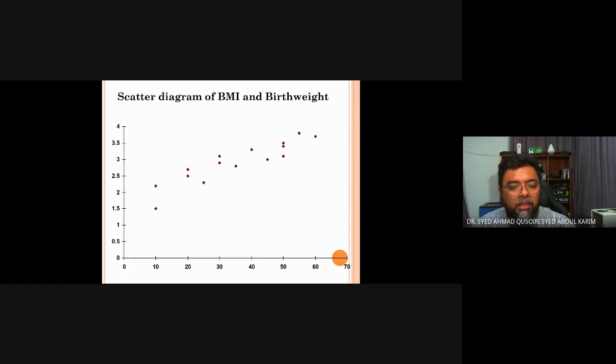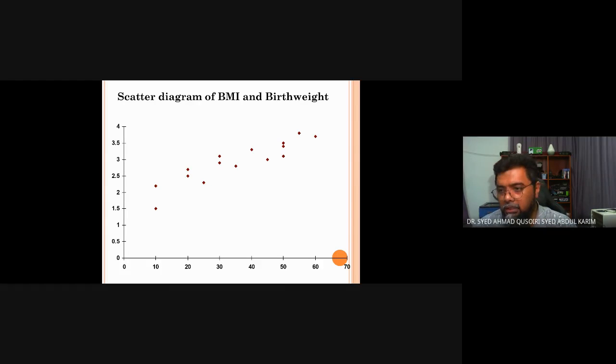So as they develop, they would tend to have a higher BMI. So this is the association that we can get from this scatter plot.